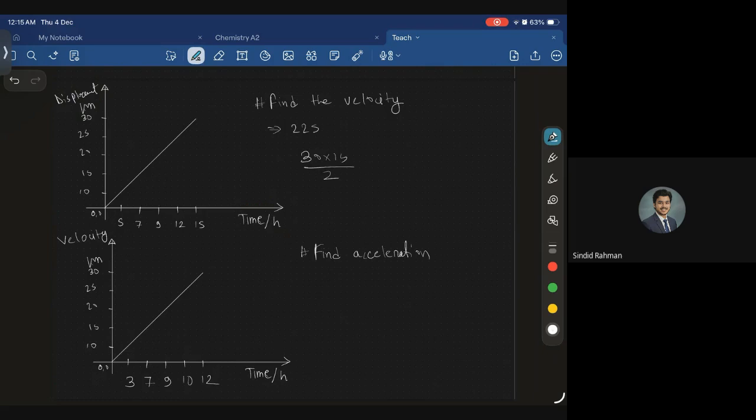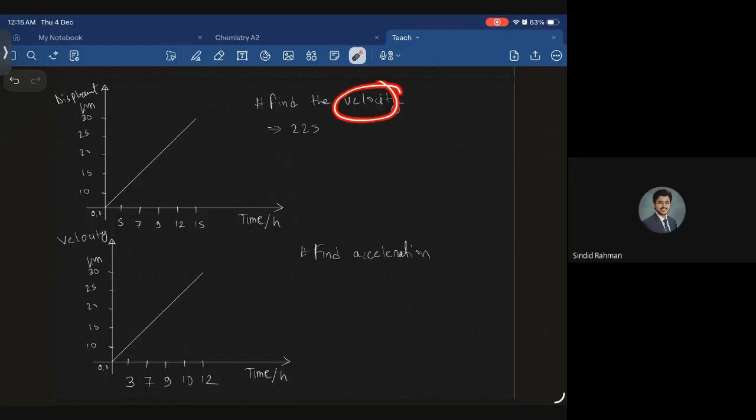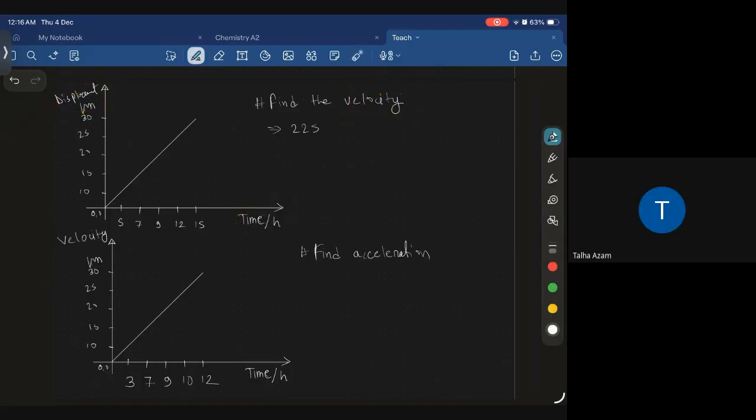That's not correct. I have told you to find velocity, and turn over your notes and see what gives me the velocity from a displacement time graph. What gives me the velocity of a displacement time graph?